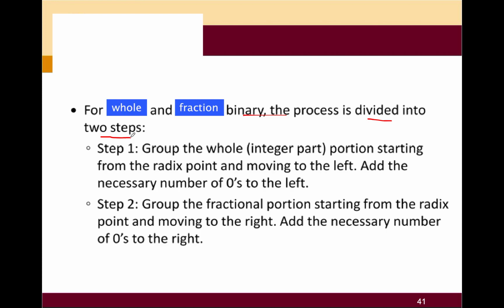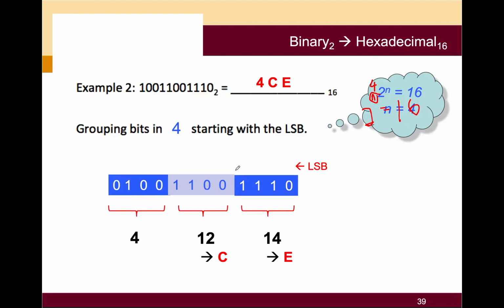First step, you need to group the whole integer portion starting from the radix point moving to the left, and then add the necessary number of 0s to the left side. If you look over here, the meaning is you need to put 0, like this. In this example, it should be until here, where you will see 0, 1, 0, 0.